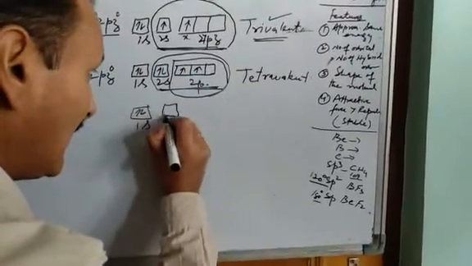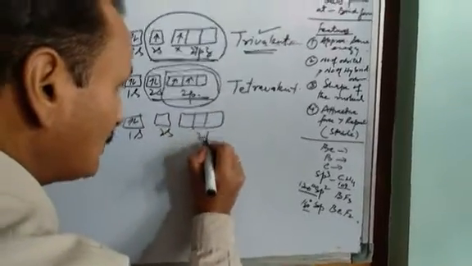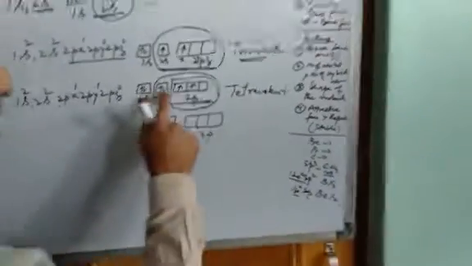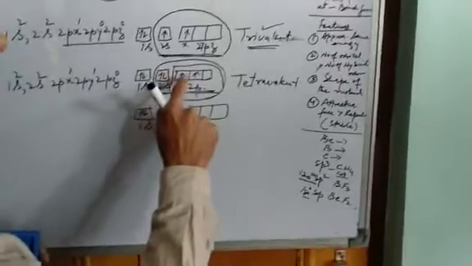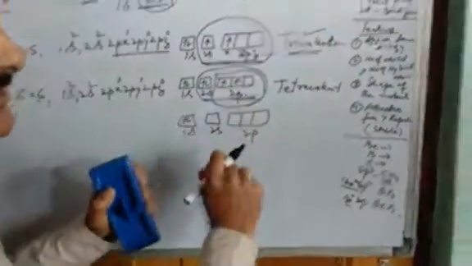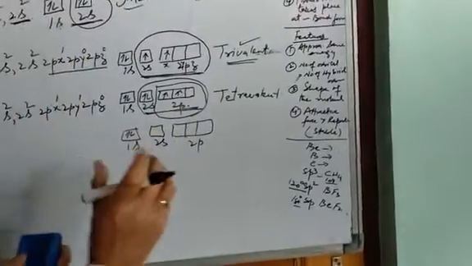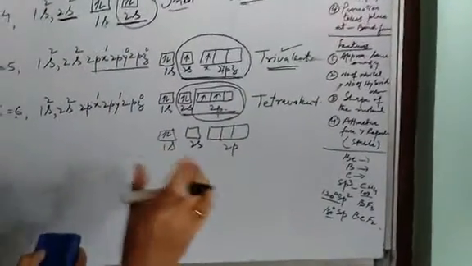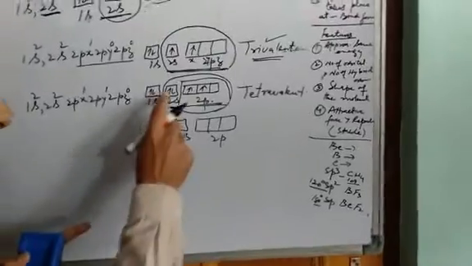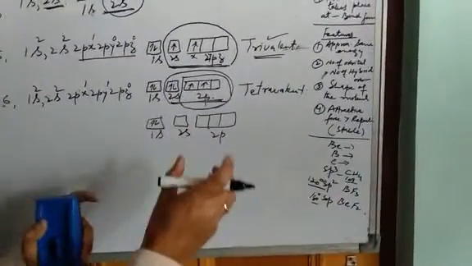This is 2s, this is 2p. Now see, how many electrons do I have? 2, 3, 4. These electrons can be redistributed in these orbitals, because these orbitals have approximately the same energy. They will intermix.